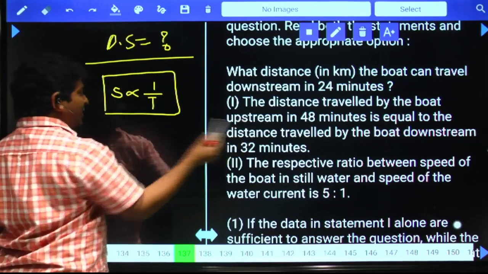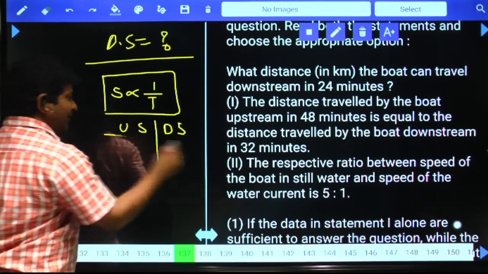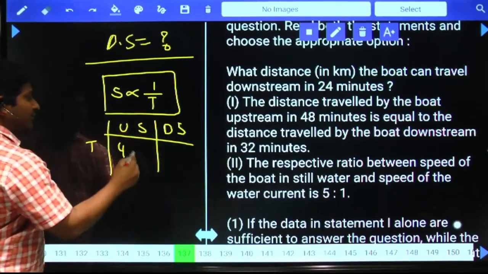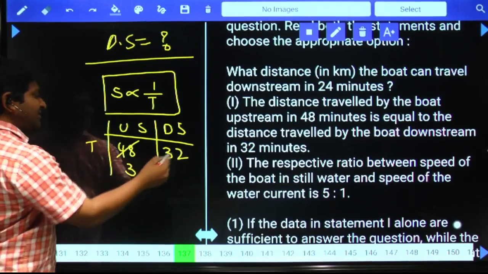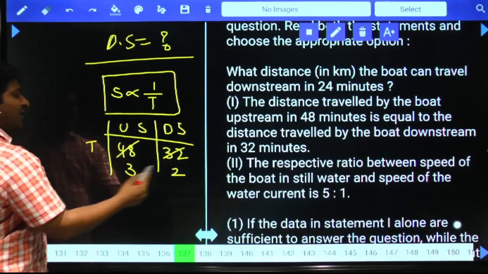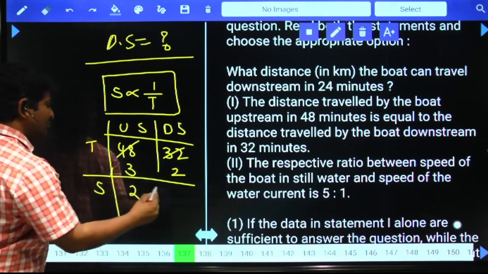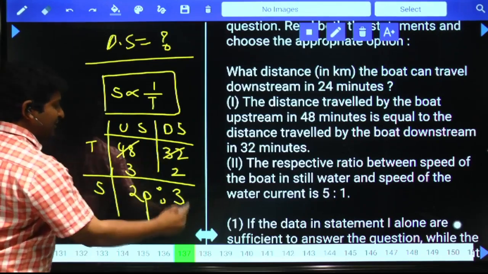The time ratio between upstream and downstream is 48 and 32, which is 16 times 3 and 16 times 2. So the time ratio is 3:2, and we can conclude the speed ratio is 2:3. Upstream speed is 2 parts, downstream speed is 3 parts.